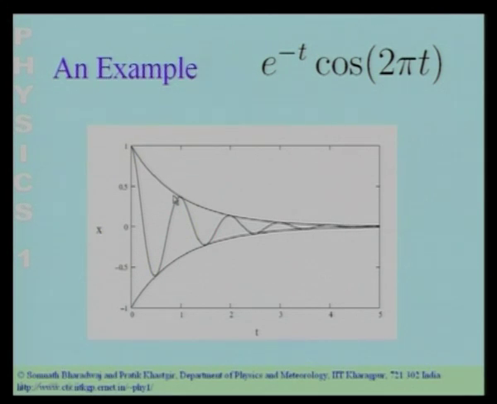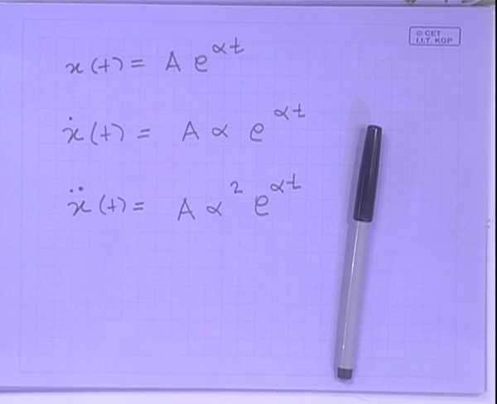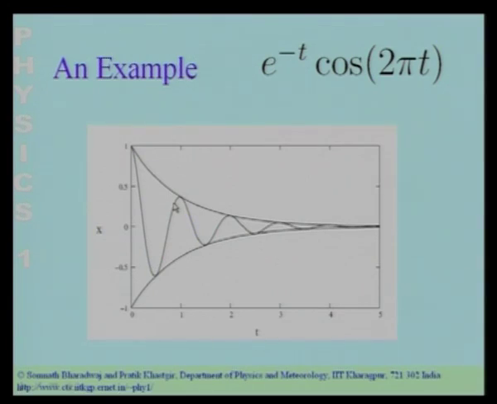So, the amplitude at t equal to 1 is e to the power minus 1, that is 1 by e. The amplitude at t equal to 0 is 1. If you divide 1 by 1 by e, you get e, and you are supposed to take the natural logarithm of that. The natural logarithm of e is 1. So, the logarithmic decrement for this oscillation is 1.